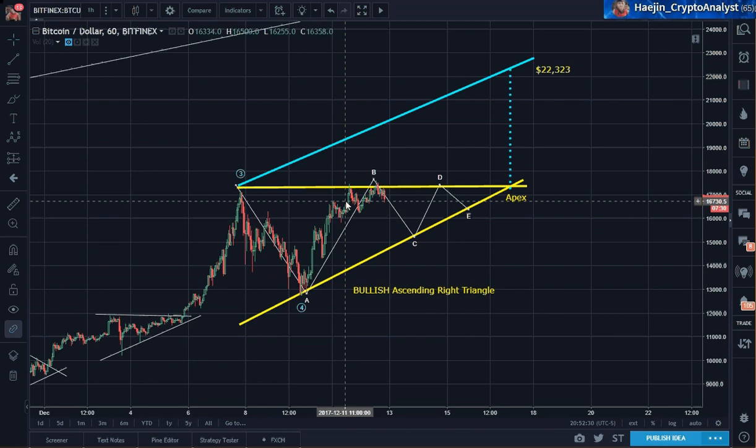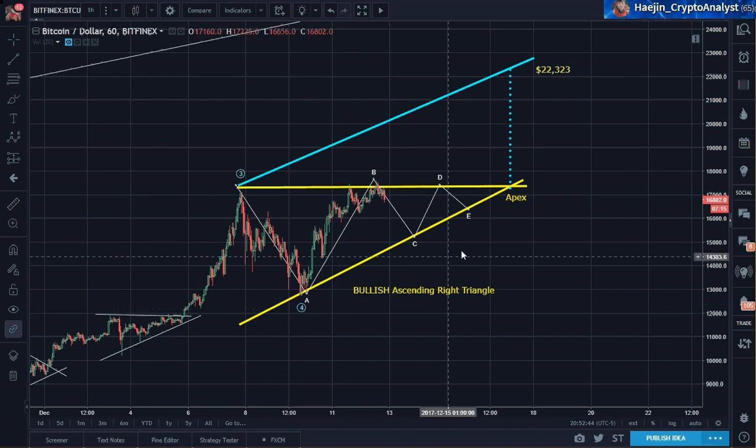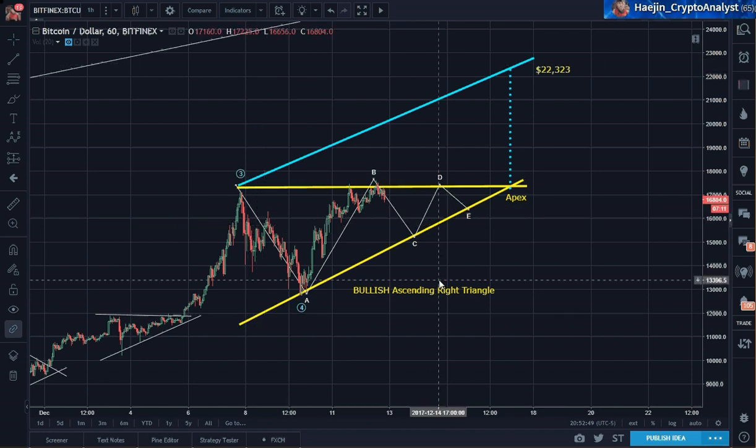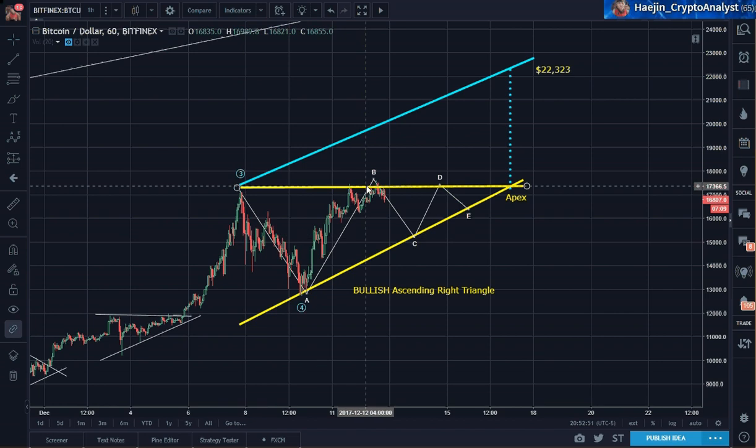It adds strength, vitality to that pattern and the bullish indication. So the new target is 22,323 with a bullish ascending right triangle. That's the minimum price. And that bullish ascending right triangle is pregnant with the head and shoulders.